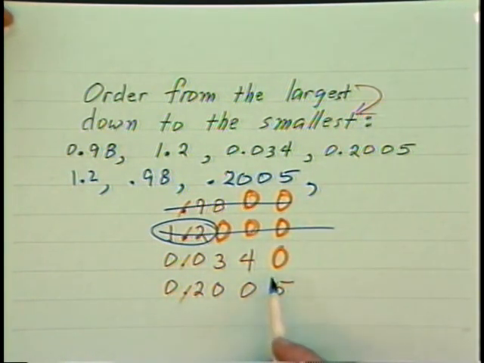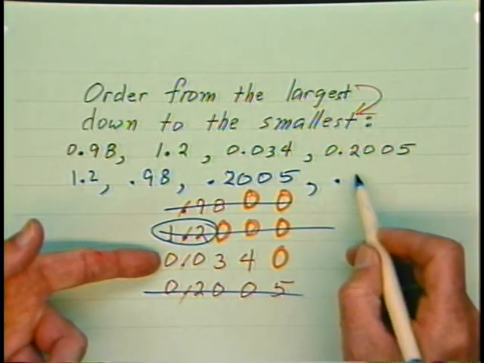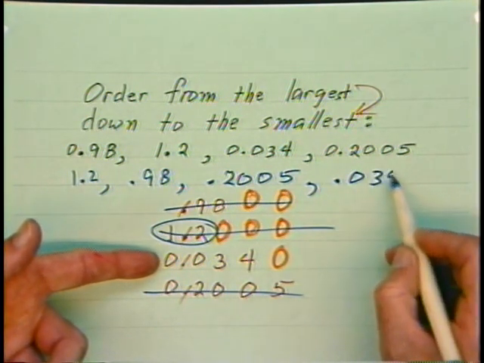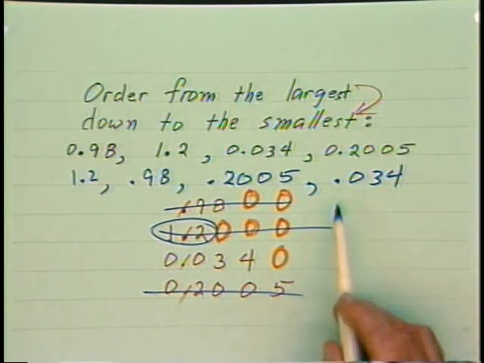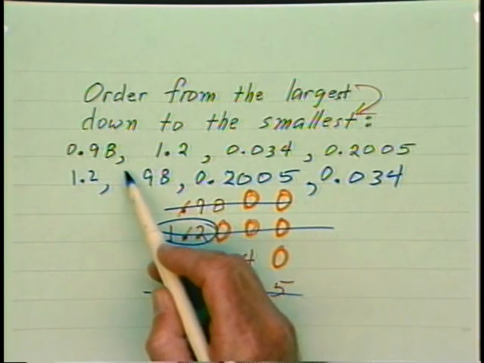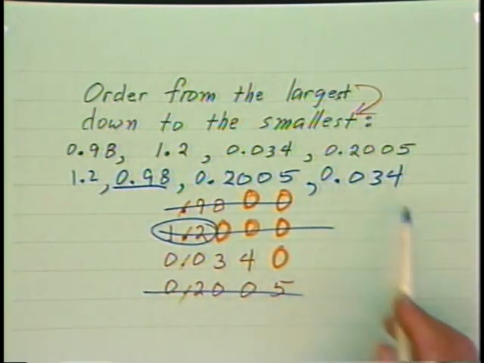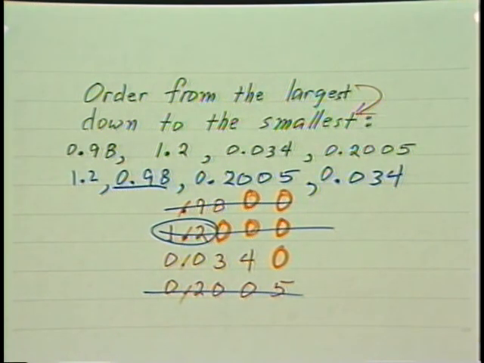Then finally, that leaves us with the smallest, which is 0.034. And notice in all of these cases, I did not write the 0 in front of the decimal point. But again, I can, or I don't have to. The value remains the same.